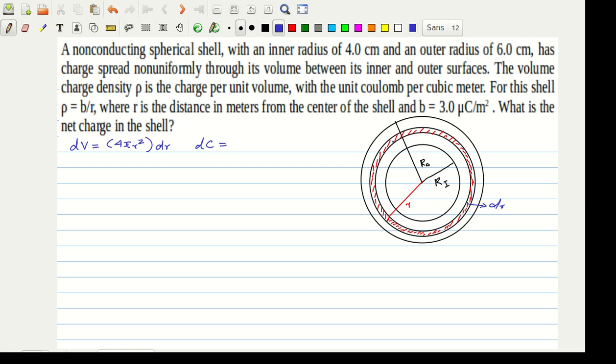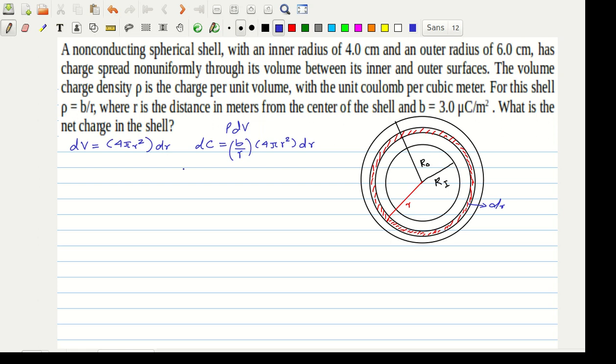This infinitesimal charge should be equal to the charge density, rho, times dV, the volume, right? So what is rho? Rho is simply B over r. We are only writing that this is rho times dV. So this is rho, and dV is 4 pi r square times dr, right?